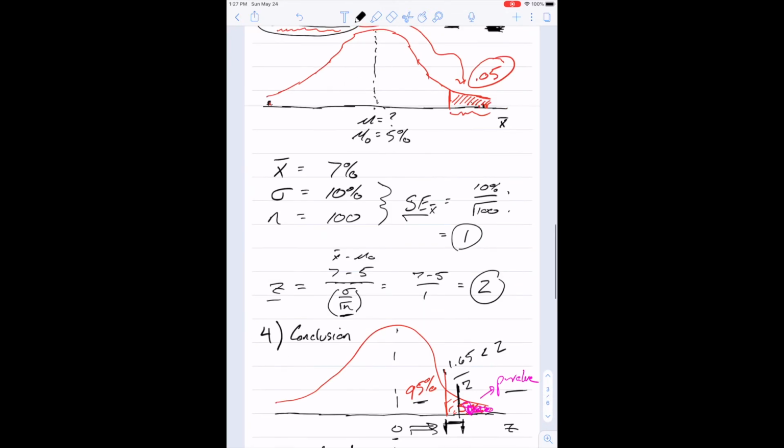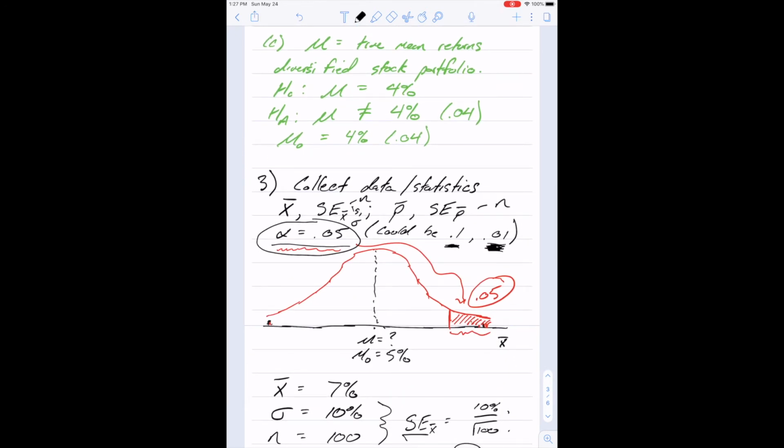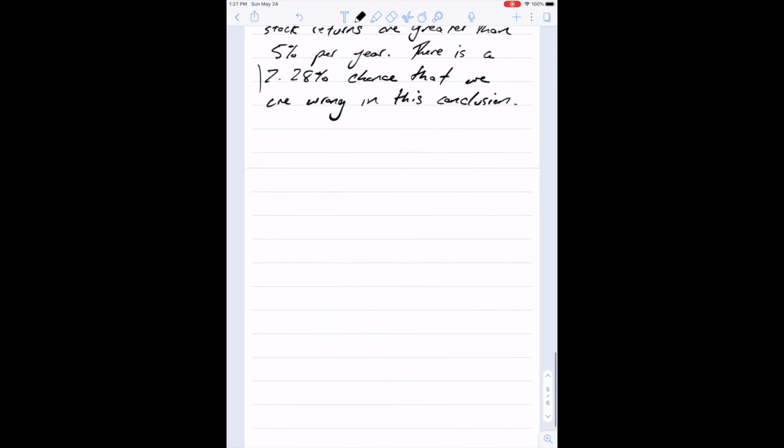Now let's take a look real quick at that green question, because remember last time we saw that in this case where we have a two-tailed hypothesis test because of the equal to and not equal to, we have to think a little bit differently about alpha.